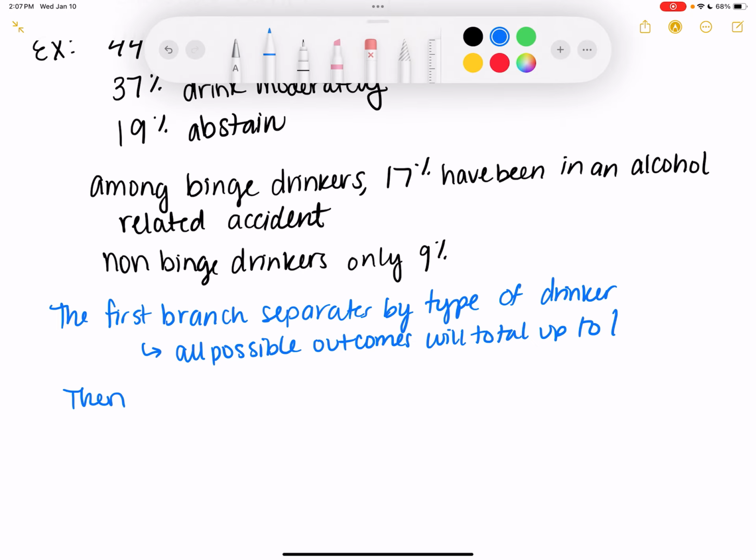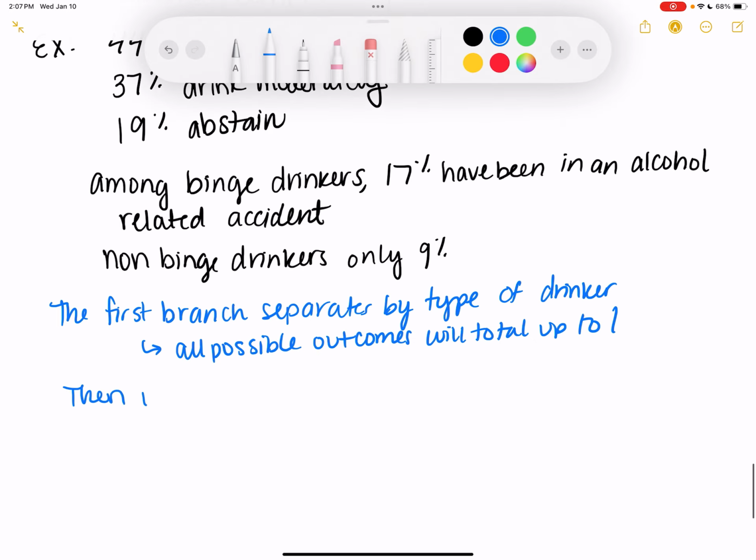Then, when we add accidents, these numbers depend on drinking behavior.